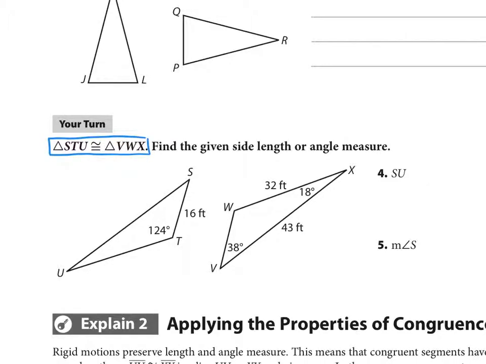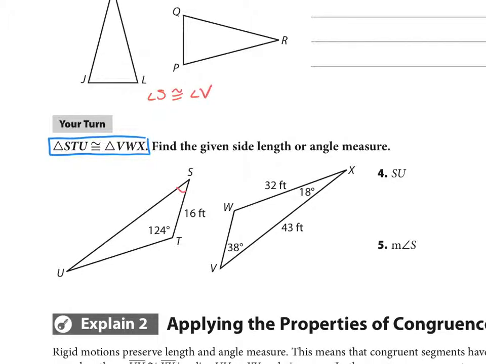And going back to, I believe it's the very last lesson, 18.2, when we wrote congruent statements, probably for the first time, the order of the letters is very, very important when we write them for figures, because the first letter in one figure is going to correspond to the first letter in the second one, the second to the second. So that means if I look at angle S, that's going to be congruent to angle V.